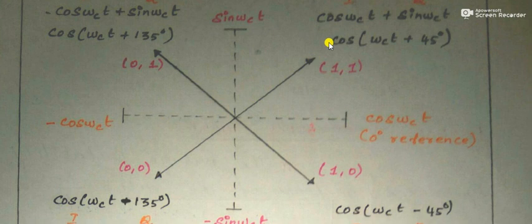This is 45 degree, this is 90 degree and this is 180 degree. In between, the tie bit is 0 1, which is a positive 135 degree. In the same way, here it is minus 135 degree, this is plus 45 and this is minus 45 degree.